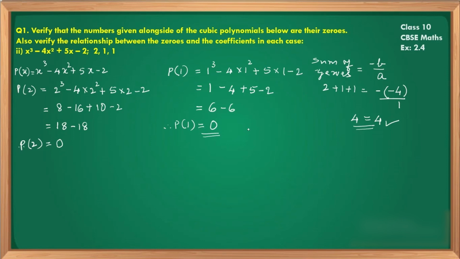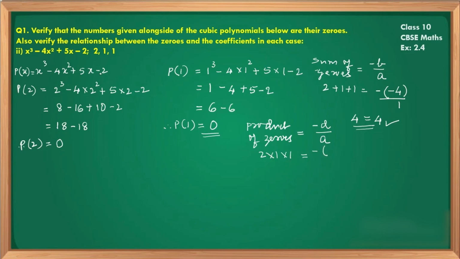Second verification is product of zeros is equal to minus d by a. You must remember, whenever we have a cubic polynomial, the product of zeros is equal to minus d, where d is the constant, divided by a. Now we will have to multiply all the three zeros. 2 into 1 into 1 is equal to minus of d.